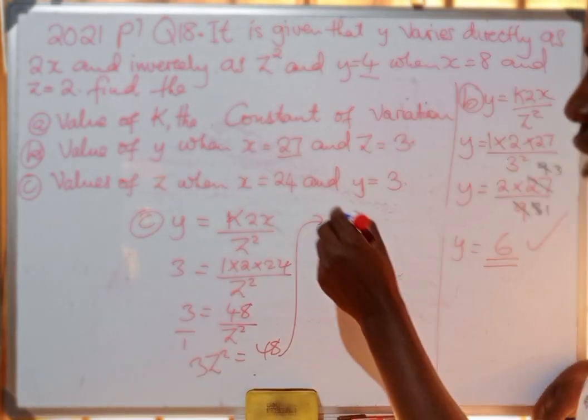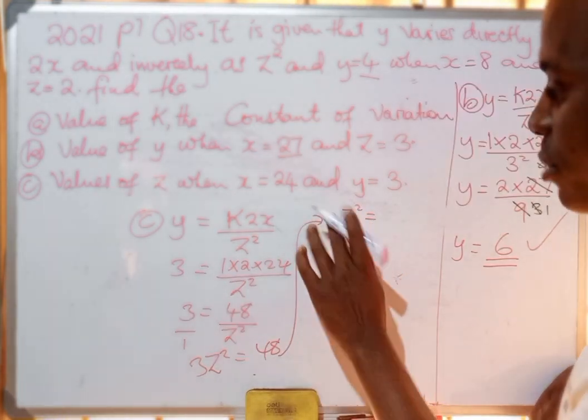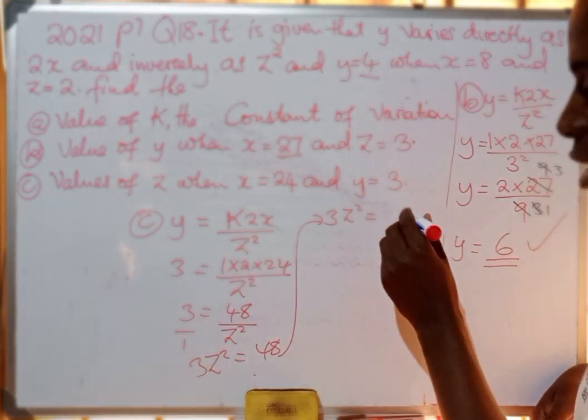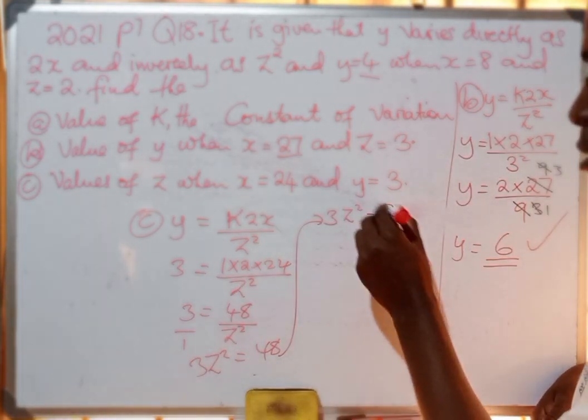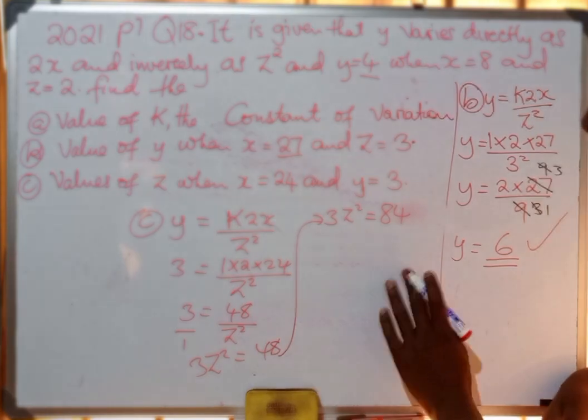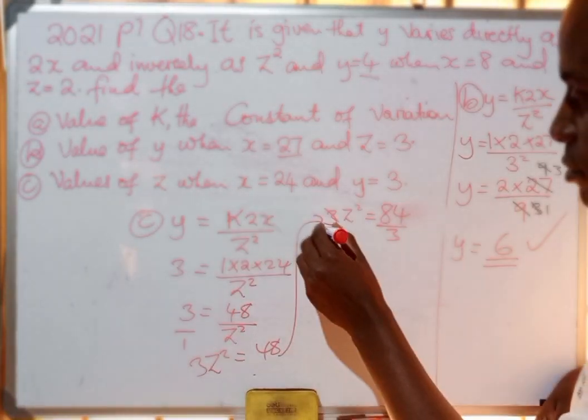So it will be 3z squared is equal to 48. We divide by 3 and the other side by 3.